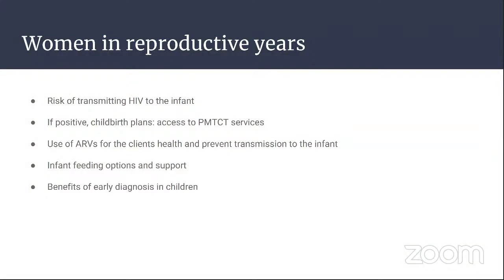For women of reproductive age, when you're doing their post-test counseling, we share the risk of transmitting HIV to the infant if positive, and make childbirth plans so that they can have access to prevention of mother to child transmission services.